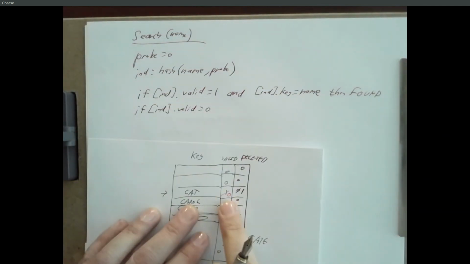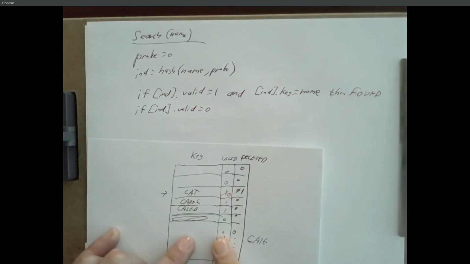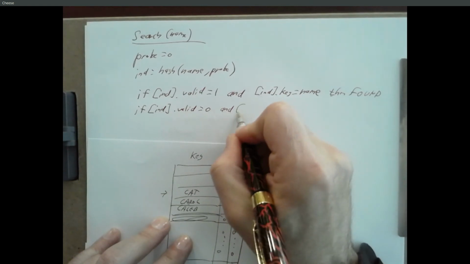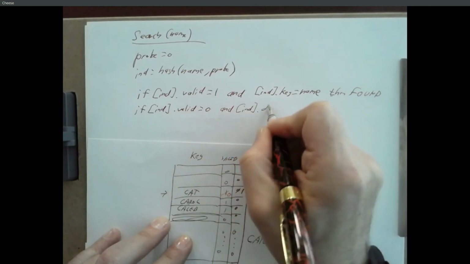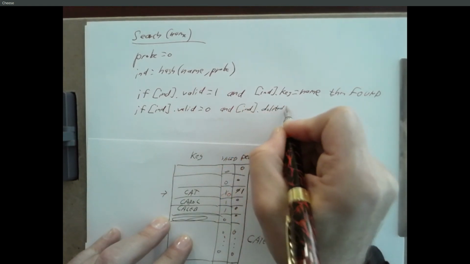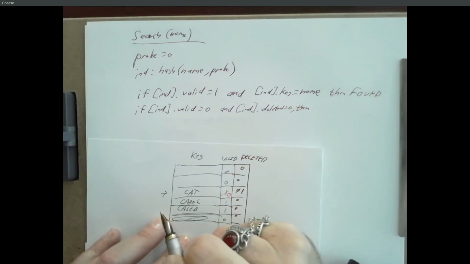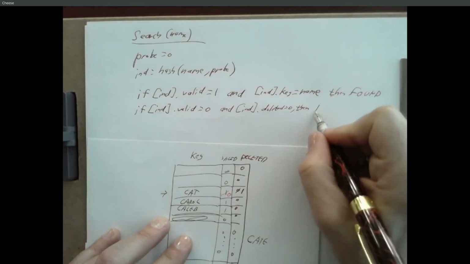If the valid flag is 0, meaning there's nothing in that entry, and the deleted flag is 0, what do we conclude? It's not found.